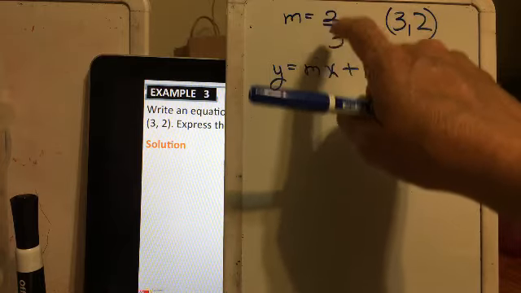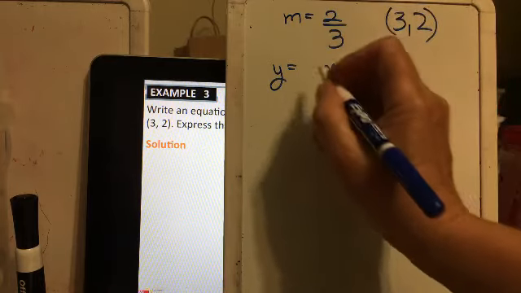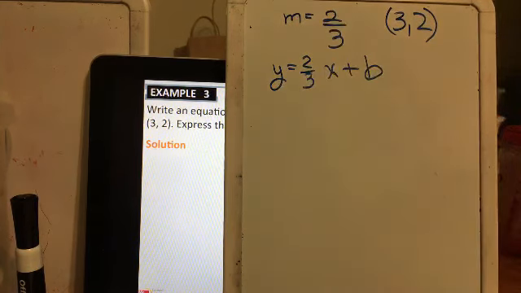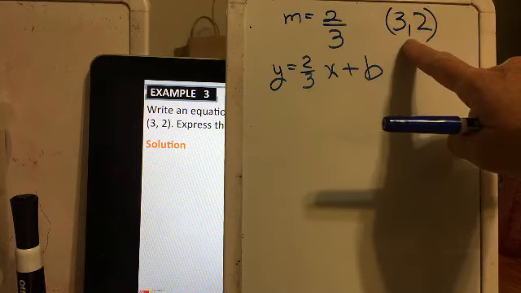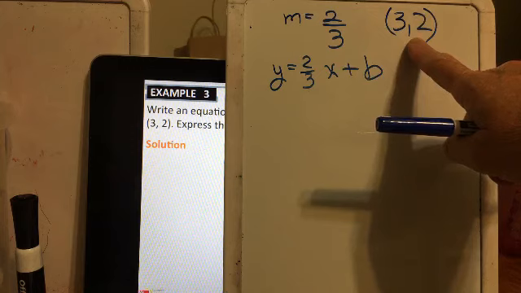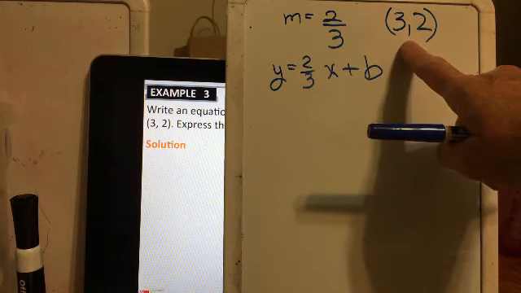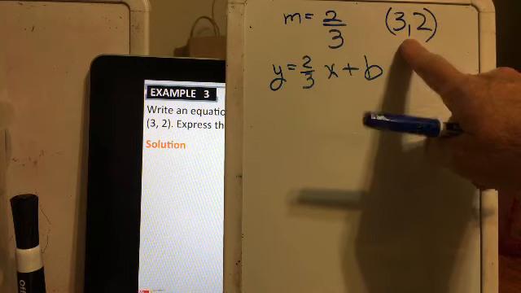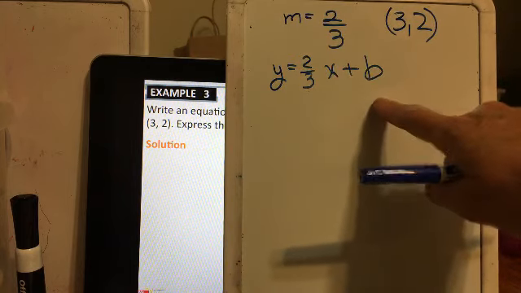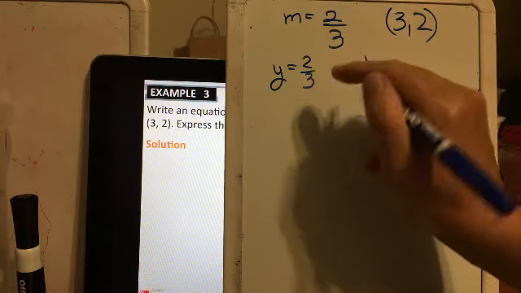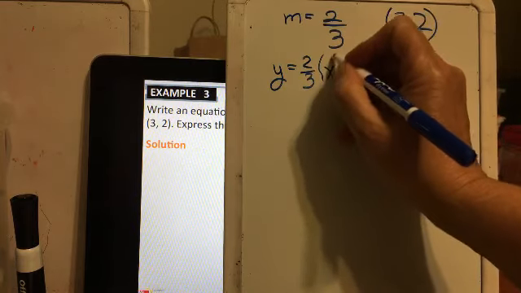So we're going to take the 2/3 and put the 2/3 here in place of the slope. And although we don't have a y-intercept, we do have a point that is supposed to lie on the line. And if it lies on the line, it is a solution to the linear equation. So I'm just going to take that 3 and put it right there where the x is.